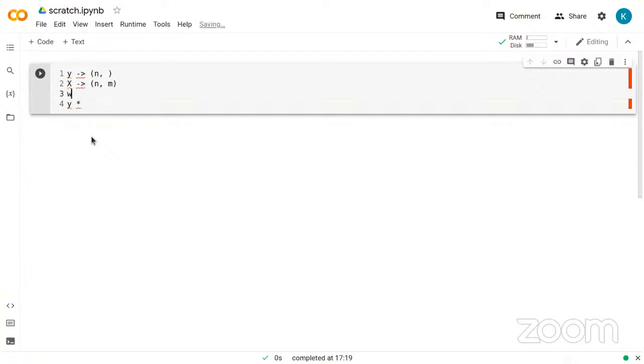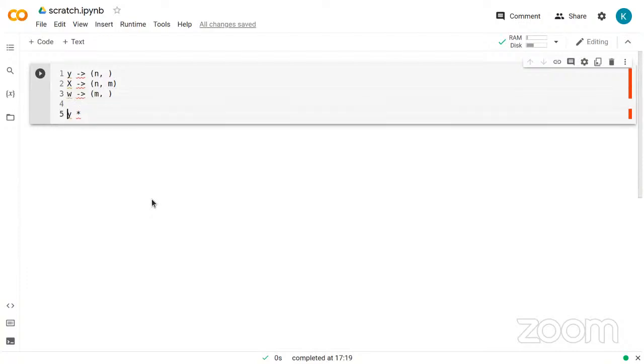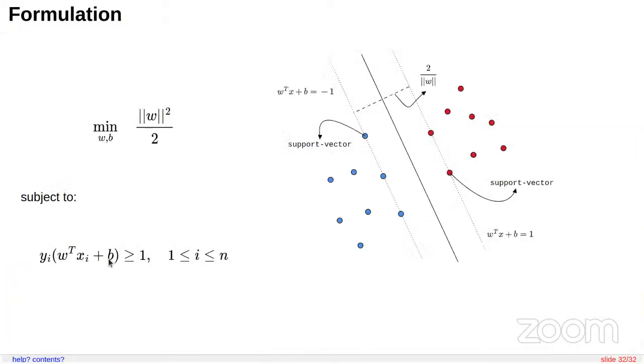W is the weight vector of size m, the number of features. So how will I express this particular constraint in Numpy?